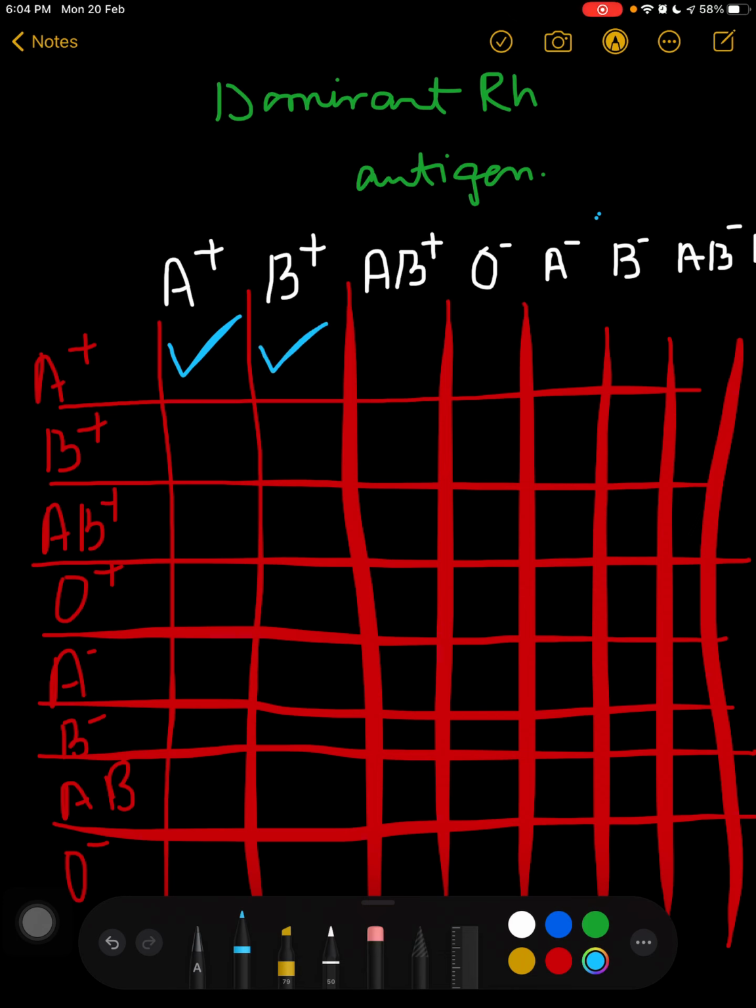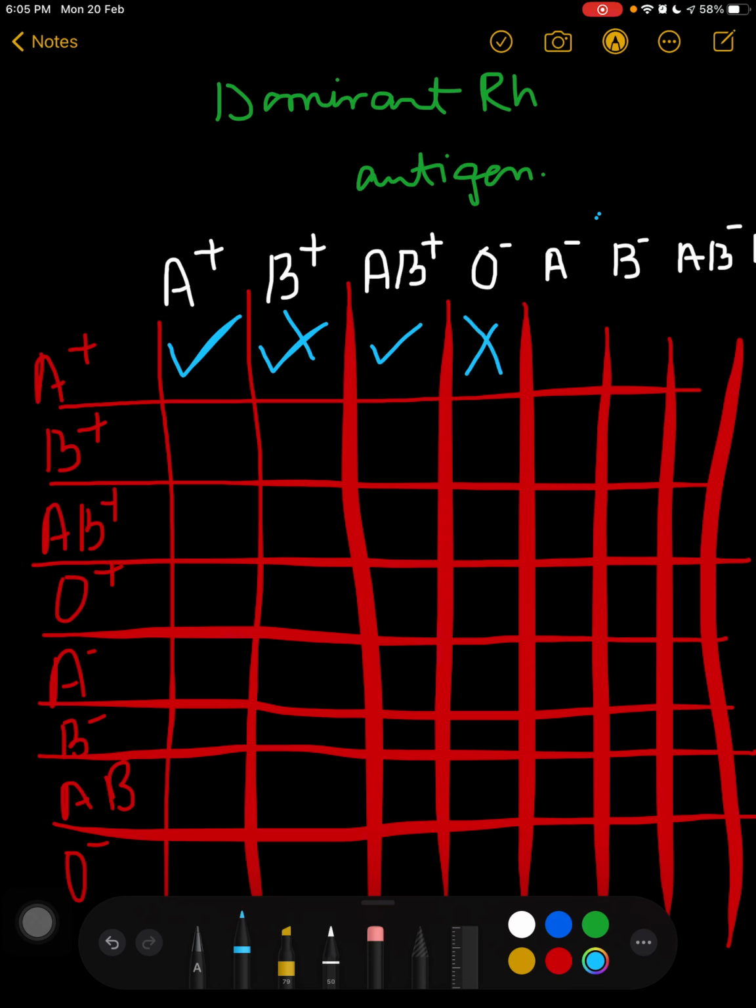AB positive has antibody against what? It doesn't have any kind of antibody against AB or A. Okay, so it can also give. It will be like this. It can give. Okay, O negative, basically it has antibody against A, so it can't give.